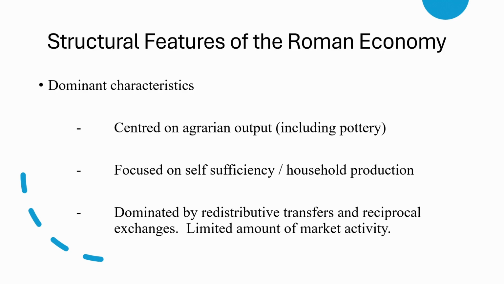The Roman economy was very much what we would regard today as a developing economy. In other words, it's not an industrial and certainly not a post-industrial model. It's very heavily based on what we'll call agrarian output. That's to say agricultural material and using other materials from the land, including clay and timber, for pottery production.